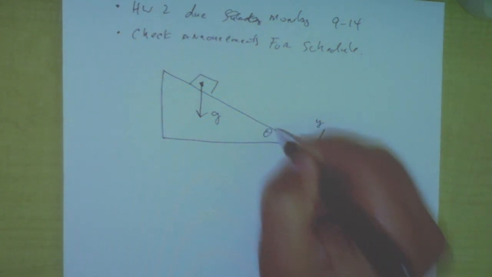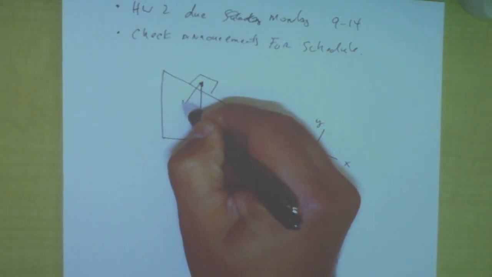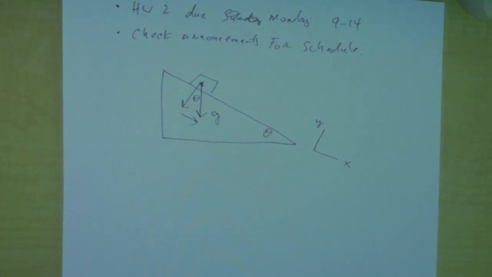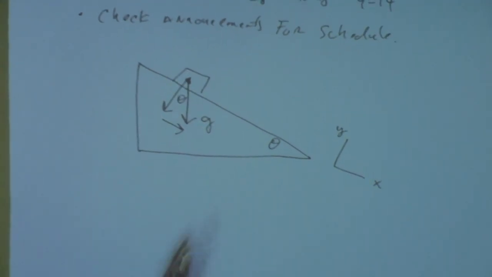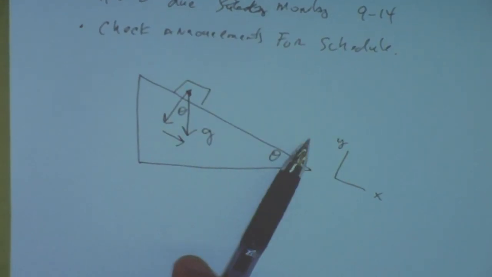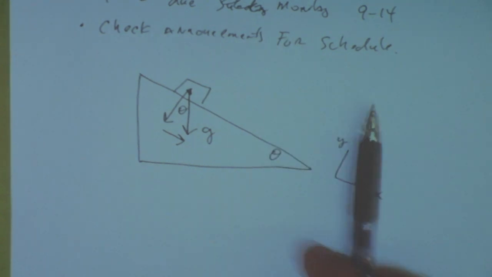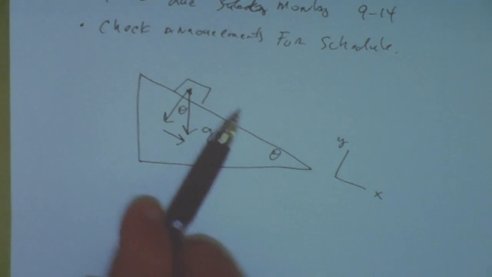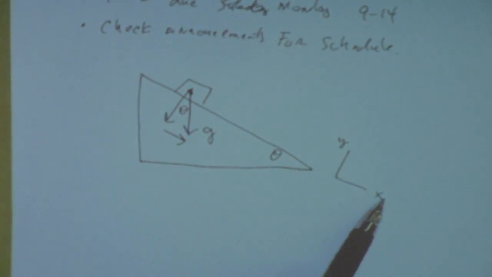If this is theta, we saw last time that this angle is also equal to theta. So it is two-dimensional motion, but we've made it into a one-dimensional motion problem. As this slides down, it's moving in both the x direction and the y direction. Our goal is to make it a one-dimensional problem where it's only moving in this new x direction.